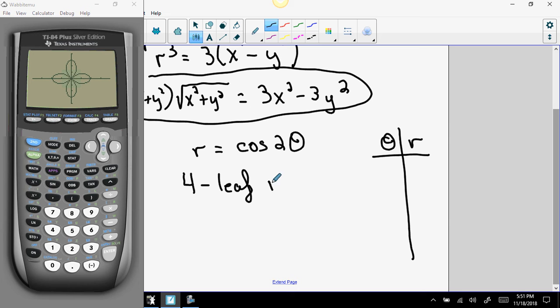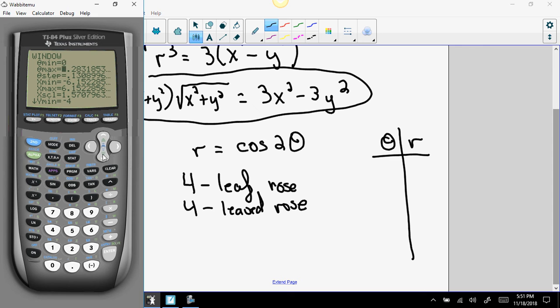Have we studied 4-leaf rose? 4-leaved rose. Or 4-leaf rose. Either way. What I like doing though is when I'm graphing it, I like slowing it down so I know where it started from. I like to put the line with the ball.